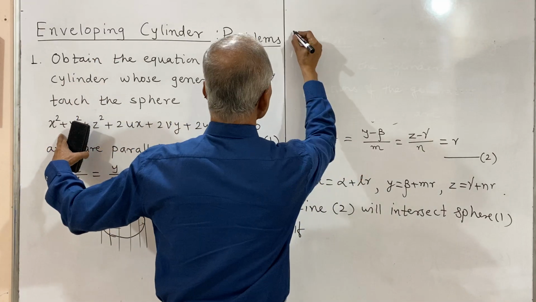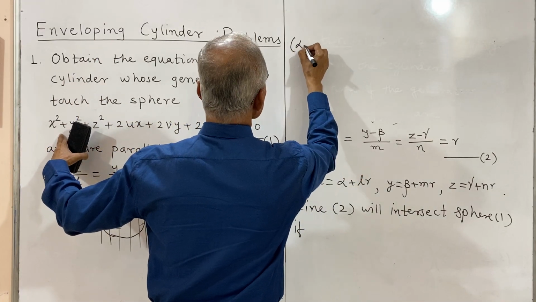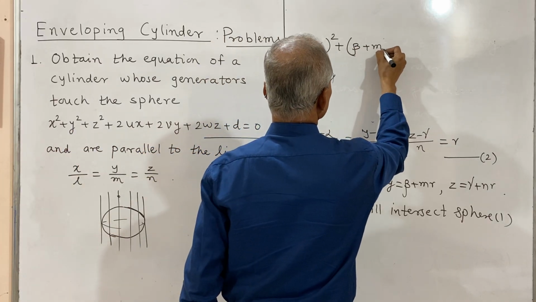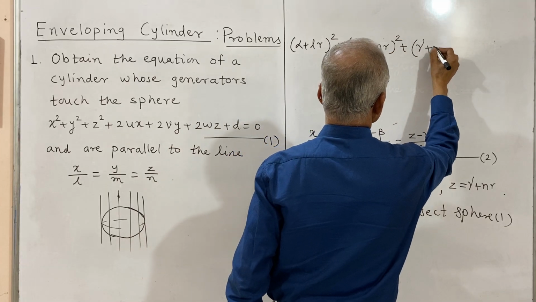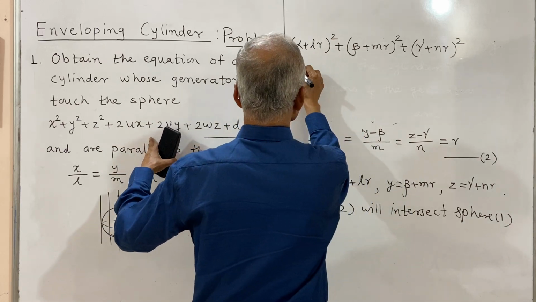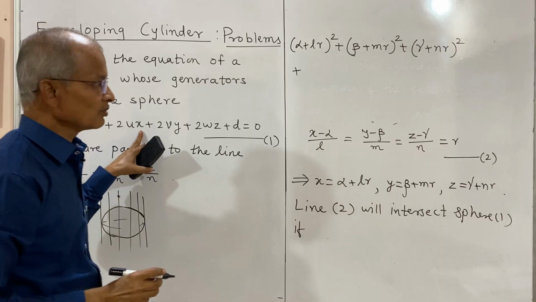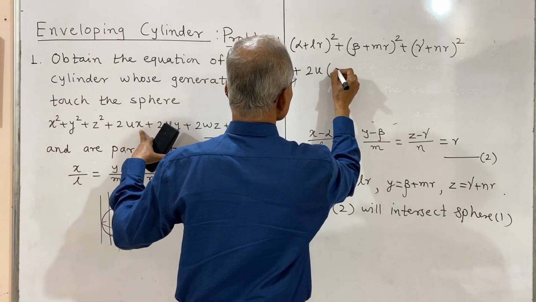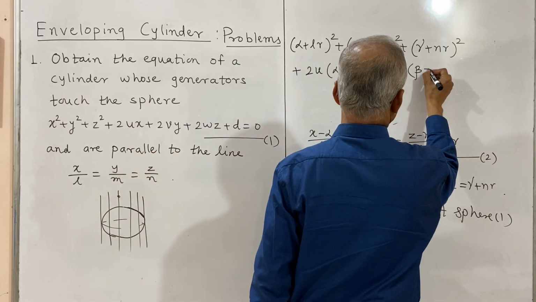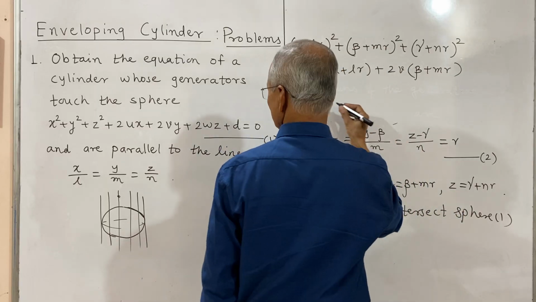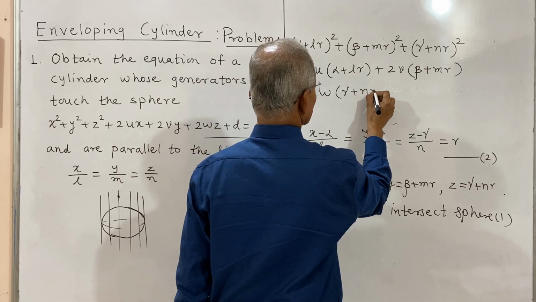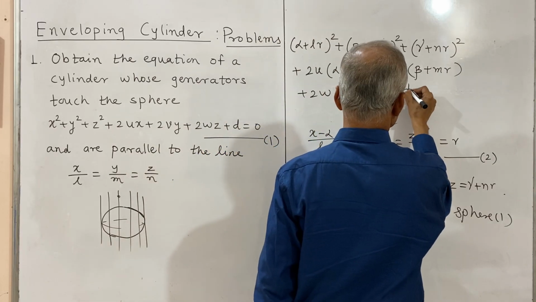So x squared is alpha plus Lr whole squared, plus beta plus Mr whole squared, plus gamma plus Nr whole squared, that is x squared plus y squared plus z squared. This is the equation of a general sphere, plus 2u into x, and x is alpha plus Lr, plus 2v, y is beta plus Mr, plus 2w, z is gamma plus Nr, and plus d is equal to 0.